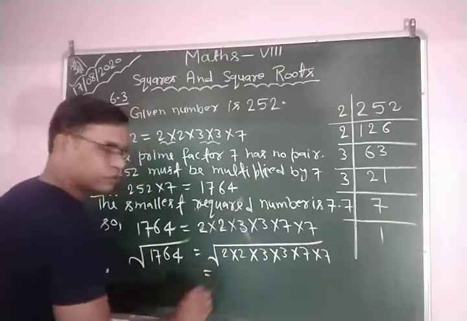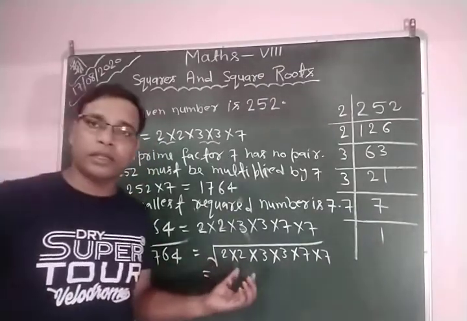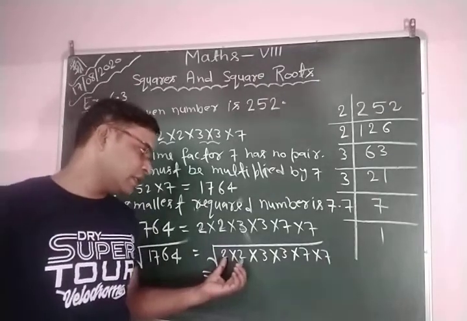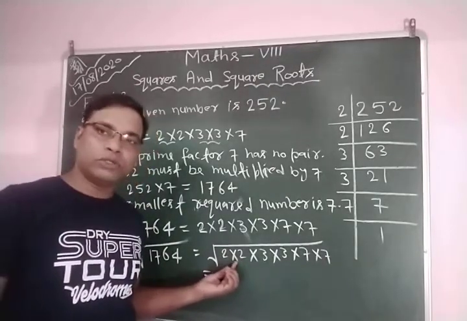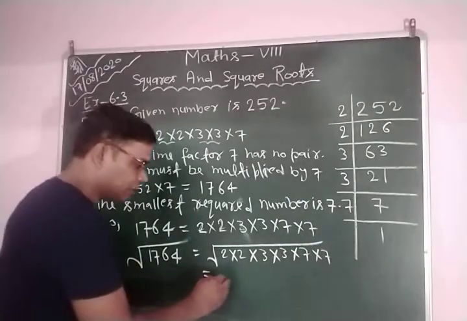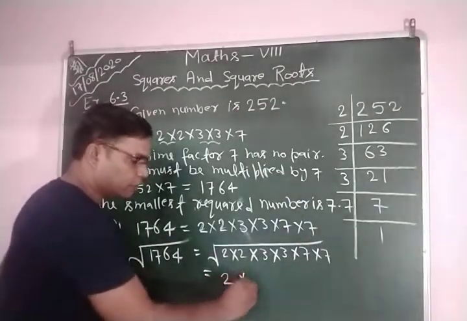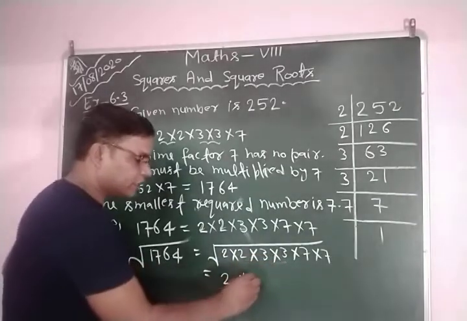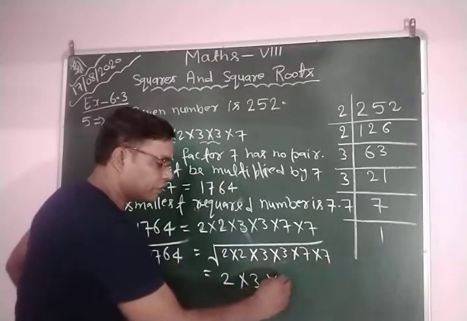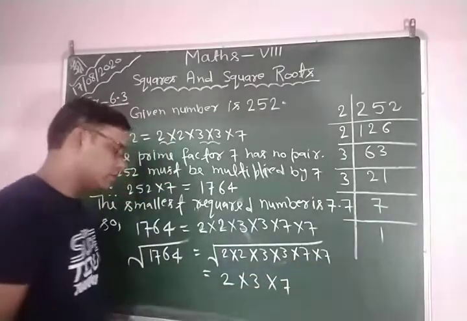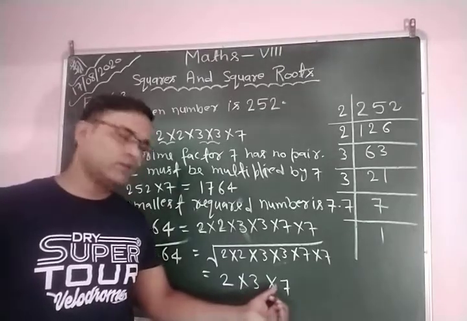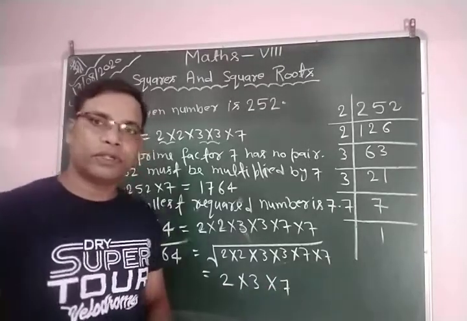We take one prime number from each pair. The pair 2 into 2 is one pair, so we take one prime number from each pair. Here it becomes 2 into 3, and from the pair of 7s we take 7. So 2 into 3 is 6, 6 into 7 is 42.